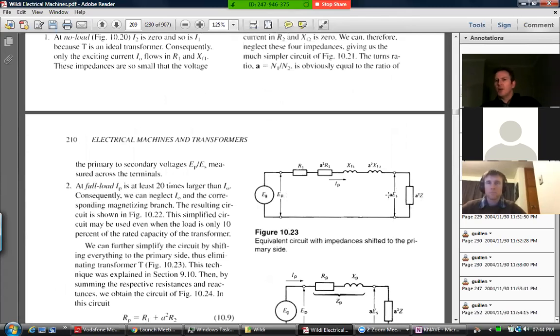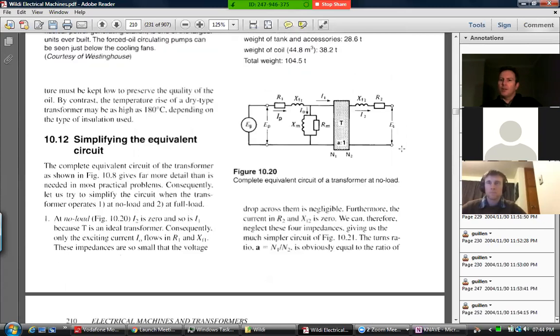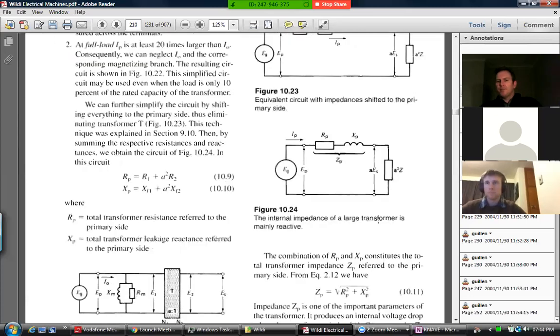And then at the end, we can use the principle that a voltage here will be A times what the voltage would have been if you were measuring it on the secondary side. That kind of thing, because of the impedance shifting principles that we discussed. So we'll dip into that again next time.